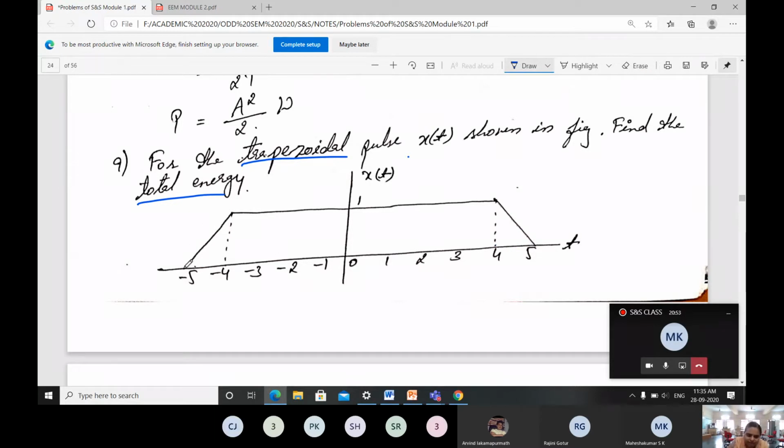From -5 to -4, this is one line, right? Then from -4 to +4, one more line. Then from 4 to 5, this is one more line.